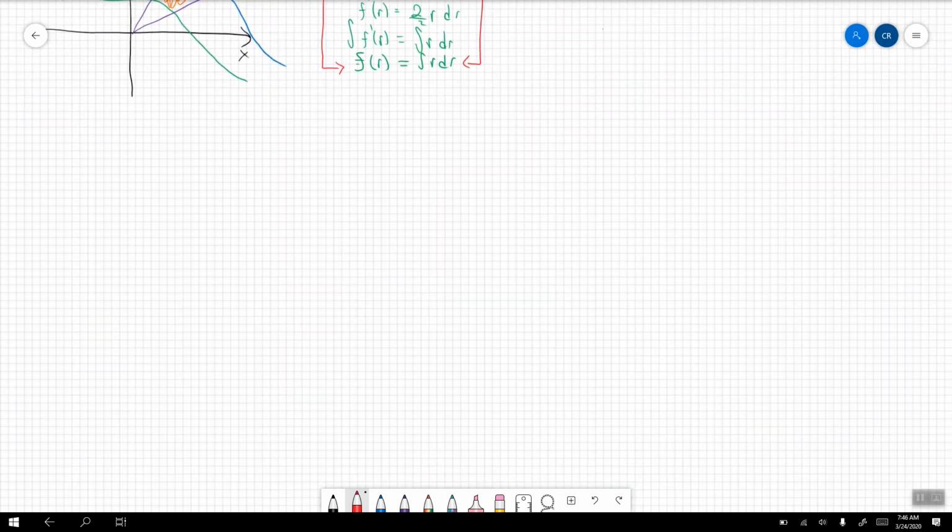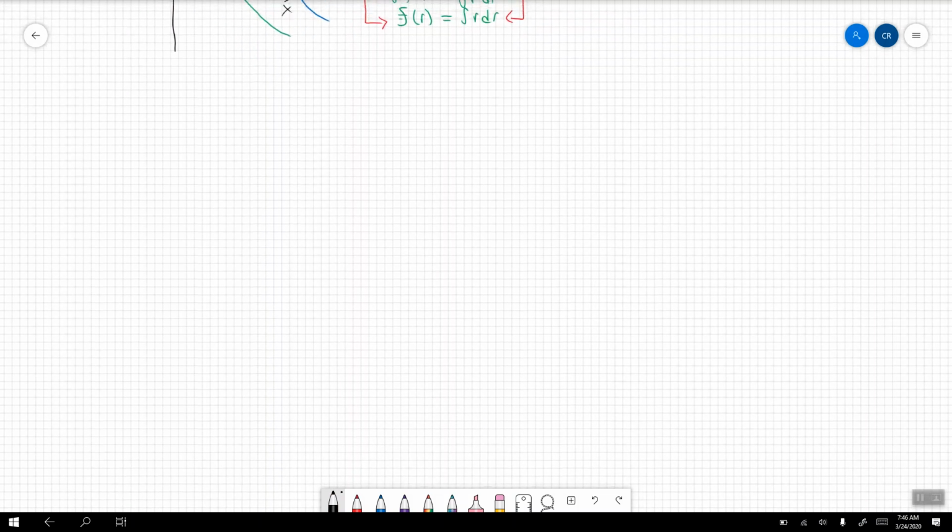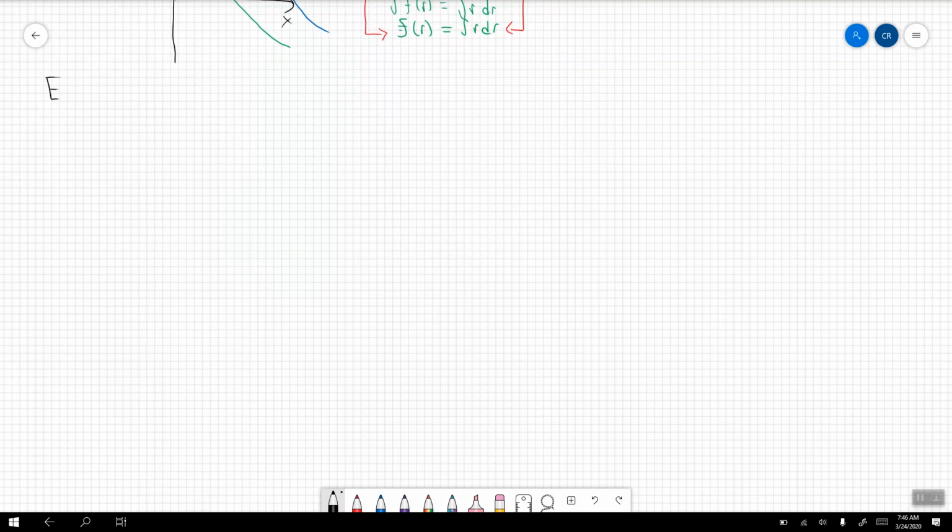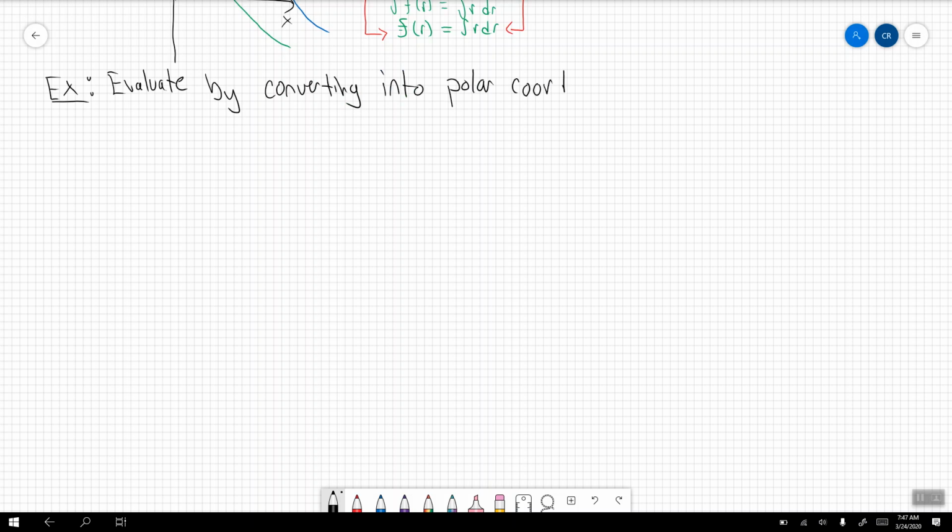All right, so now that we have the basics here, let's go through an example really quickly. In this example, we're going to evaluate by converting into polar coordinates. So here goes the first one, part A. The first one is the double integral over the region D for 2xy with respect to some area.